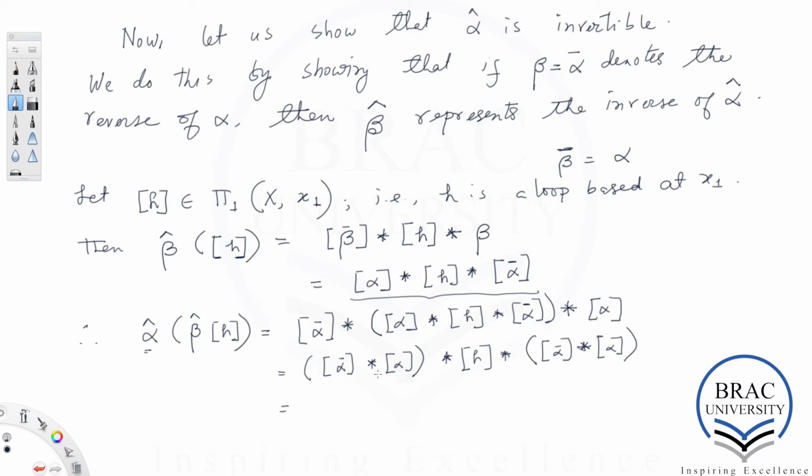And alpha bar star alpha is going to be a loop based at x1, the constant loop at x1. That is the identity element of the group, the identity element of the fundamental group of X with reference to the base point x1.